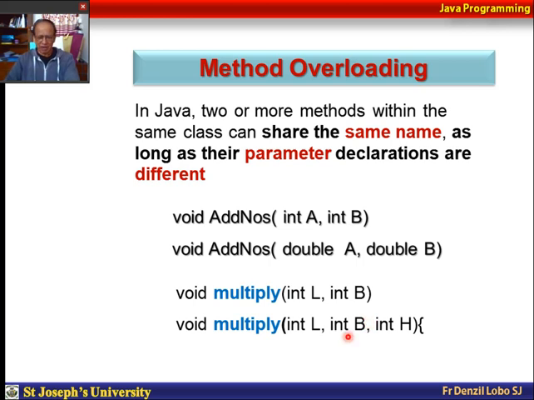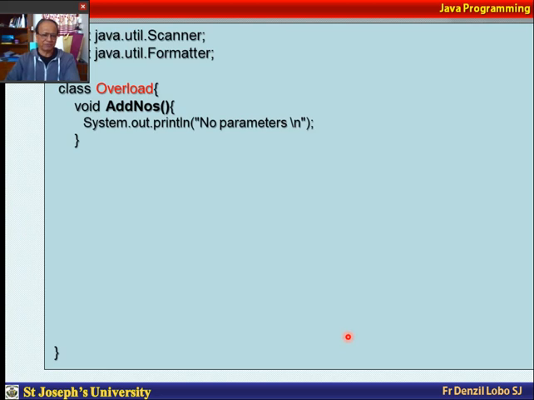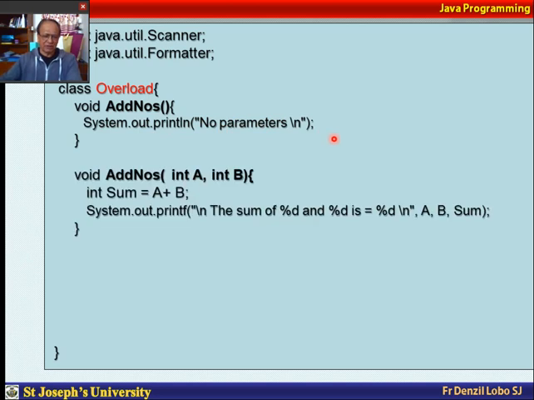Let us see how we'll work out concrete problems. We create a class called overload. Add numbers here, I don't have any parameters passed. If you run this program, it will only print no parameters. Then I have add numbers 2, add two numbers which are integers.